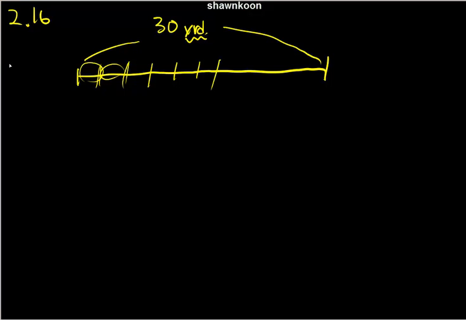So as you can see, first 2 is right here, and the next 4 is 1 2 3 4 right here. And what are we finding? We're finding this leftover length, x. Since we don't know what this is, we'll put this as x yards.